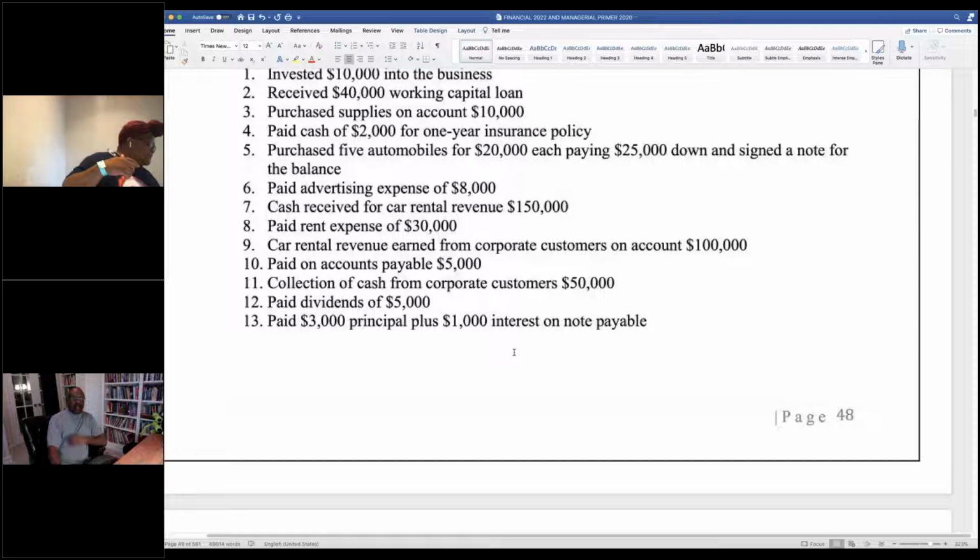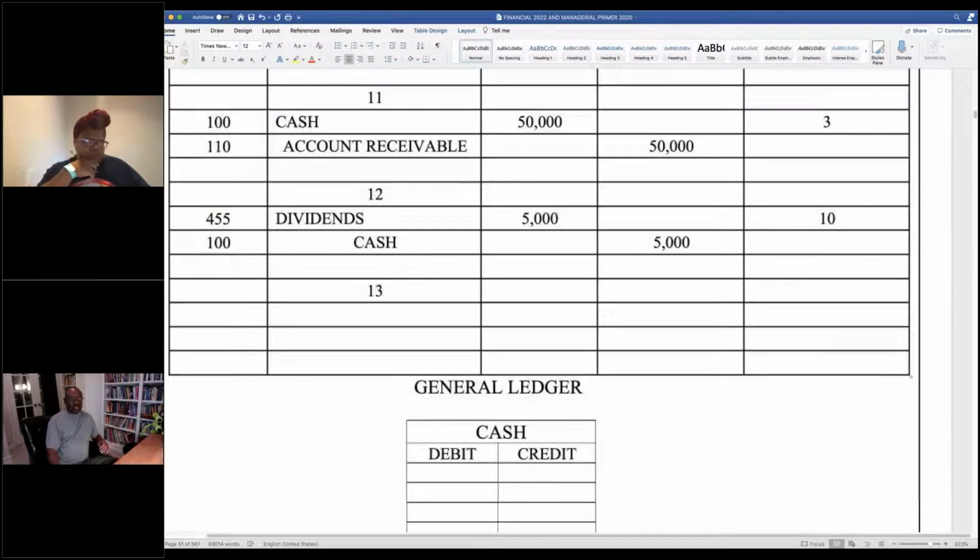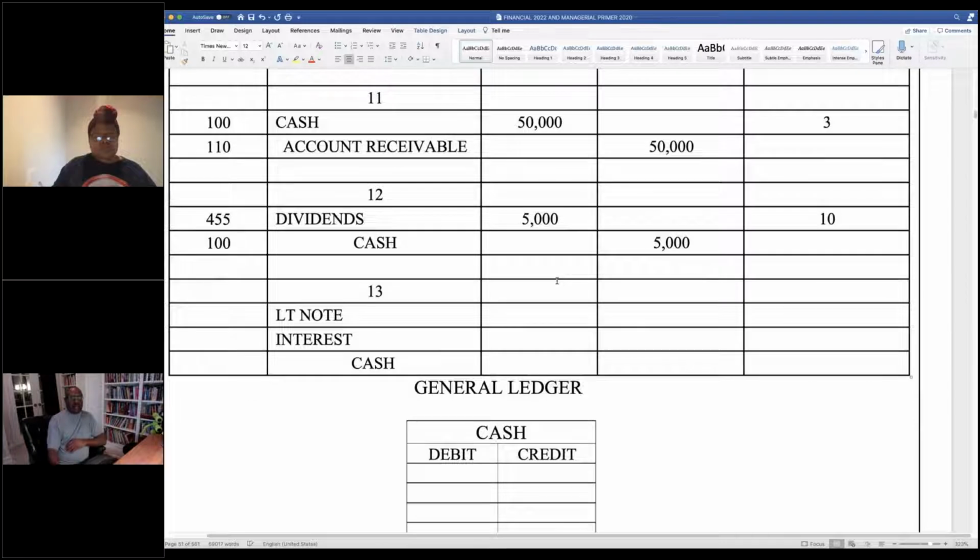We're paying on that long-term note payable, and we also have to pay interest. And we're paying what? Cash. Yep, the bank wants cash.